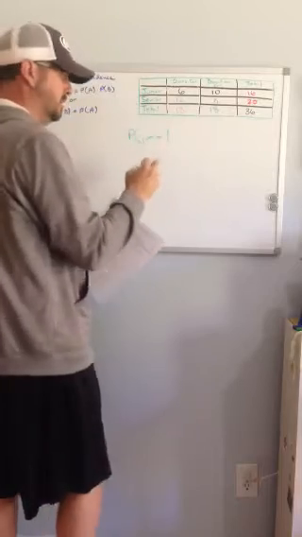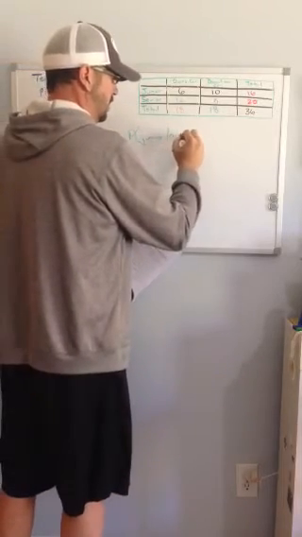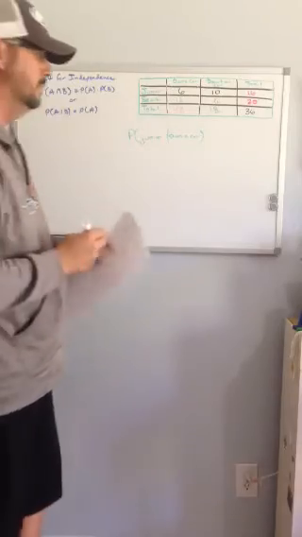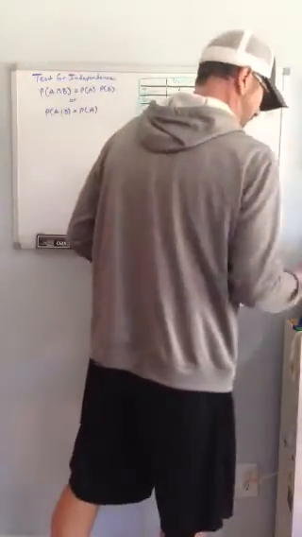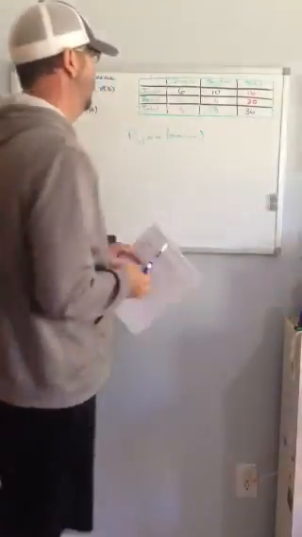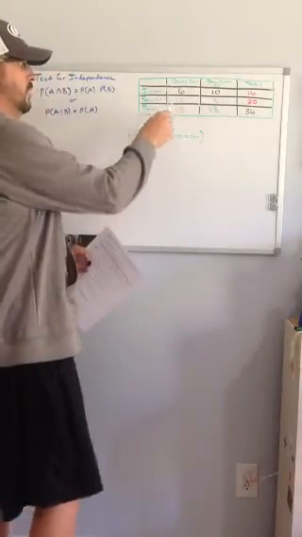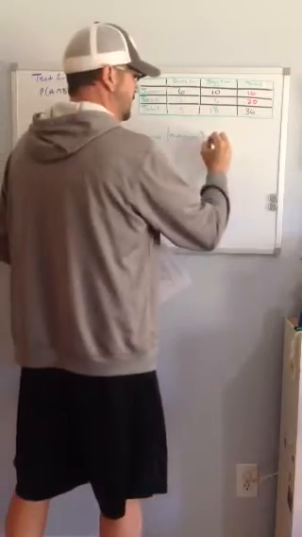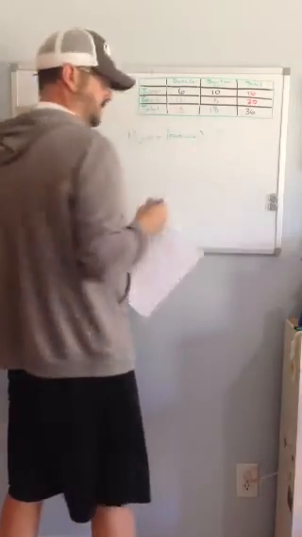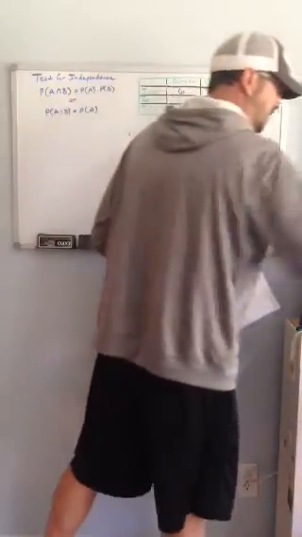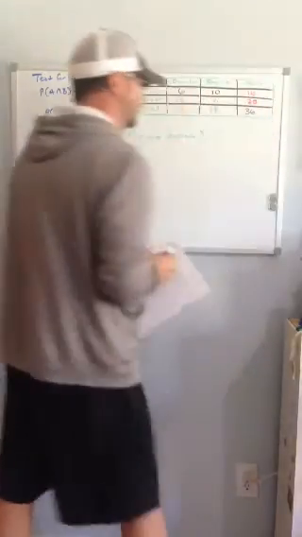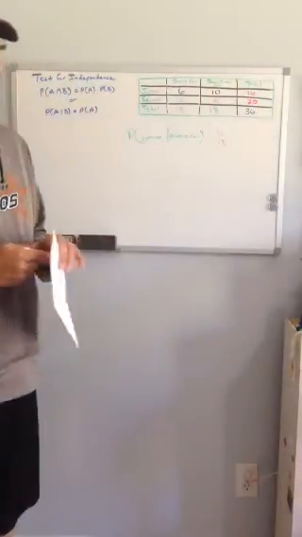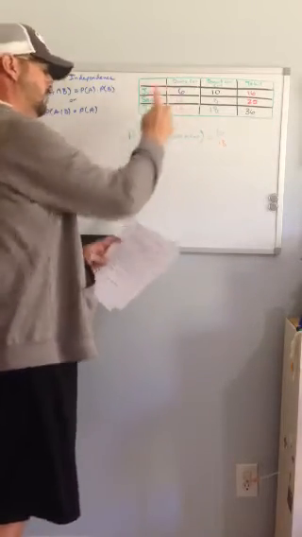Remember that line means given that they own a car. So I'm looking at the 18 people that own a car. Of those 18, how many are juniors? Well, we've got 6. So 6 out of our 18. Remember, I'm only looking at the people that own a car.